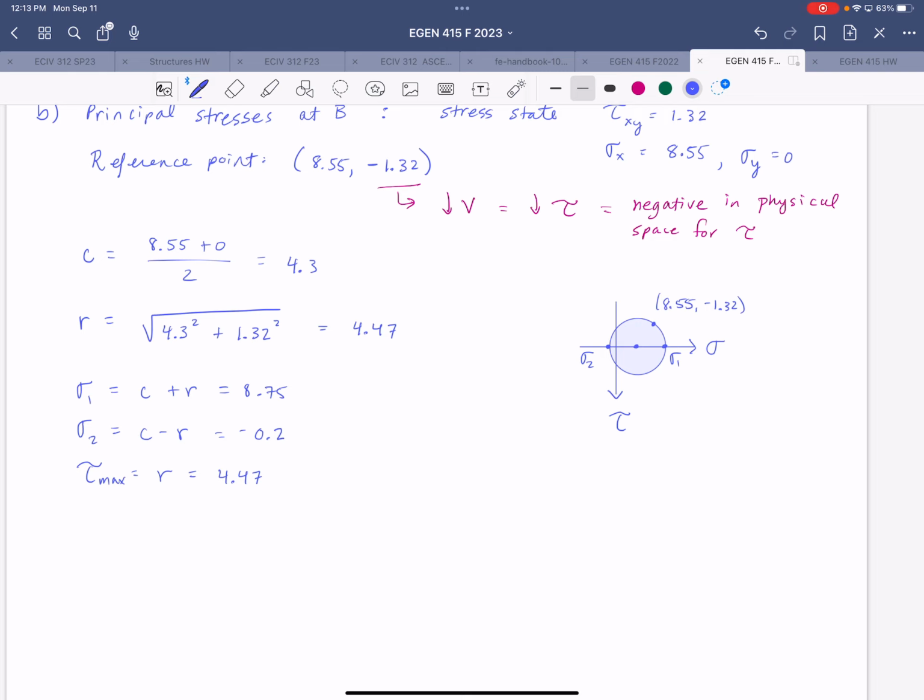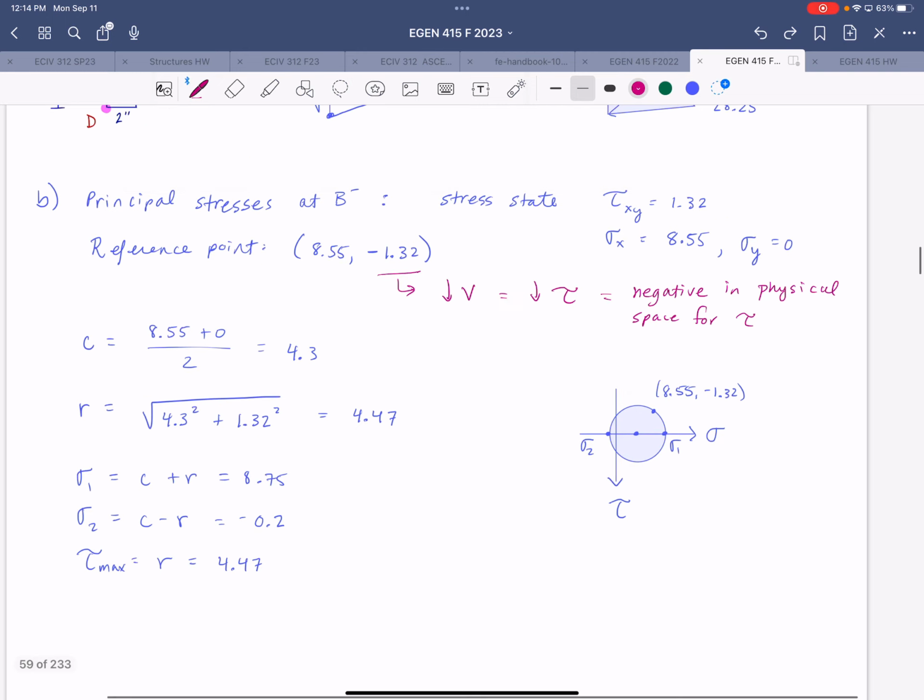And that is great, that's perfect if you're using the right face of the stress element as your reference point, right? Which is how these notes were developed, and even the example in that lecture refers to that. So the caveat that I forgot to mention is that the real definition of sign convention on Mohr's circle, the one that we're adopting in this class, is as follows. As a refresher, we'll use this example as a demonstration.